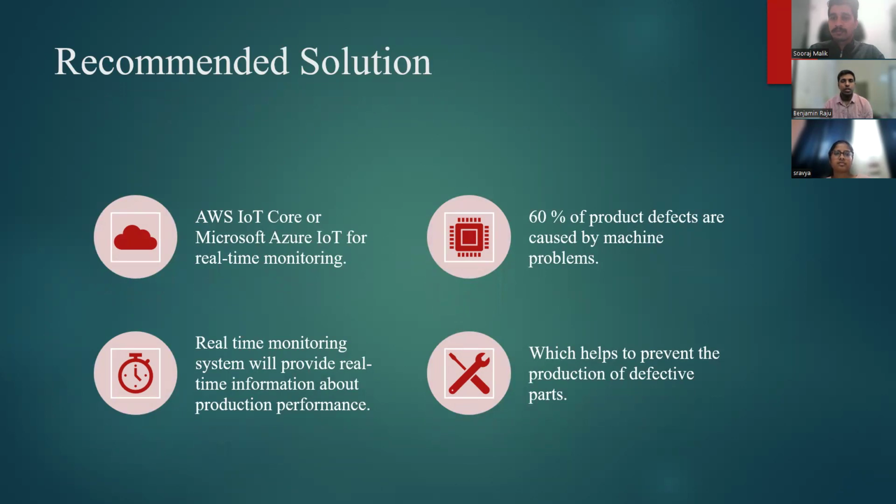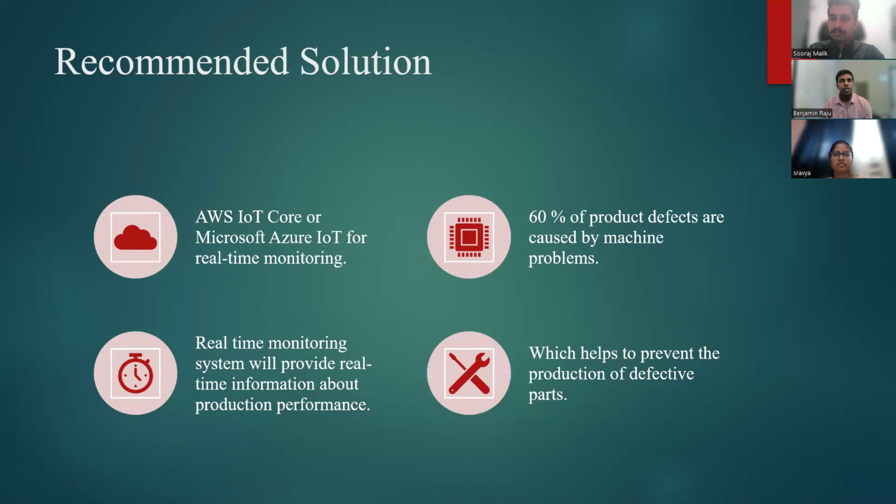In real-time monitoring, we can control and monitor these defects. Like in injection molding, we should maintain certain temperature and pressure. By real-time monitoring, we can control and monitor these parameters.